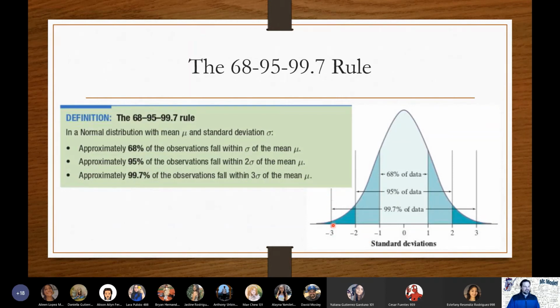So again, we have -3 here, +3 here. 99.7% of our data is under the curve within 3 standard deviations of the mean. So we're only left with about 0.15 over here, 0.15 on the left side, as far as the remaining bits of data, right?